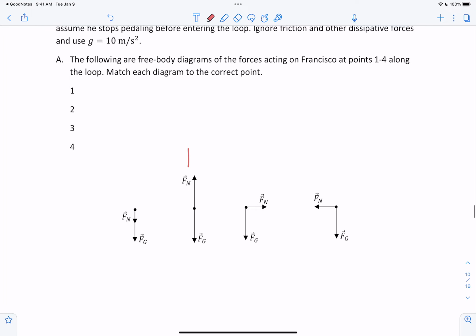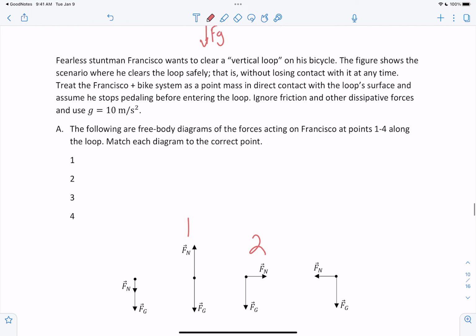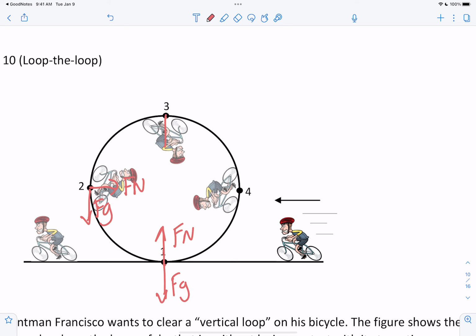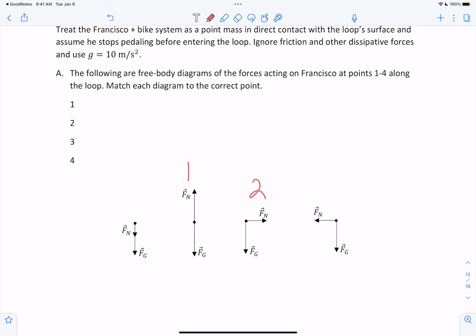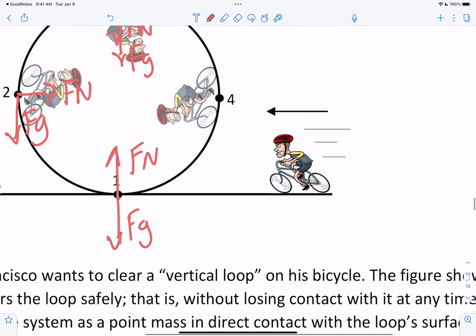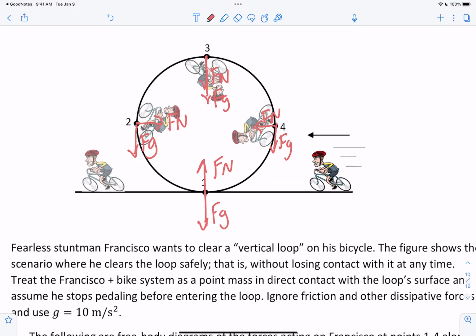So this one is 2. If we look at 3, normal force is pointing downwards because the surface of contact pushes against the bicycle. That's downwards, and gravity is downwards as well, because gravity is always downwards. So this should be 3. And then by process of elimination, this is 4: normal force like that, and gravity pointing downwards. That's A.